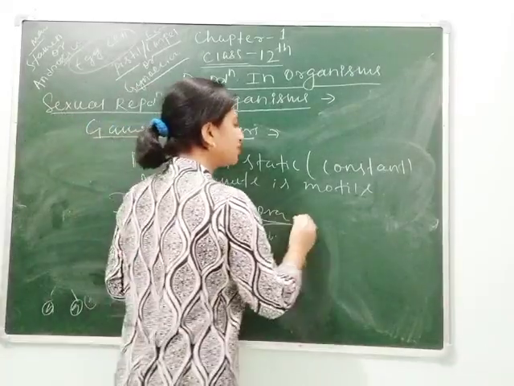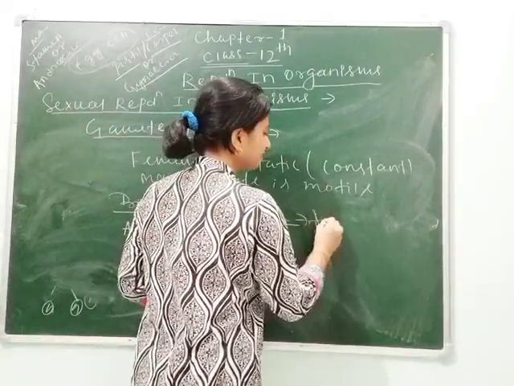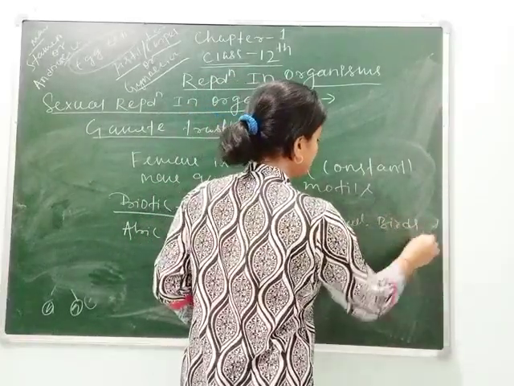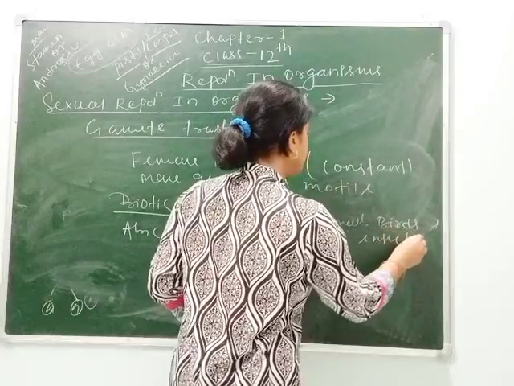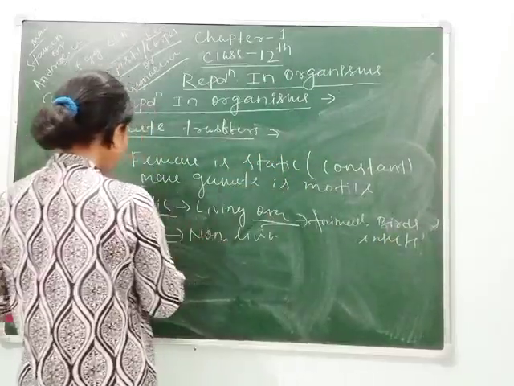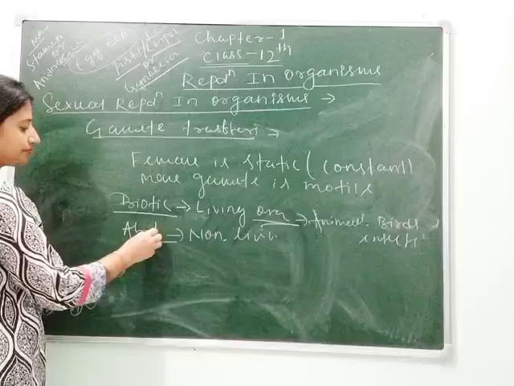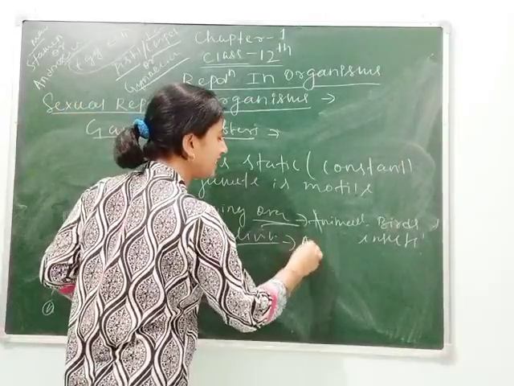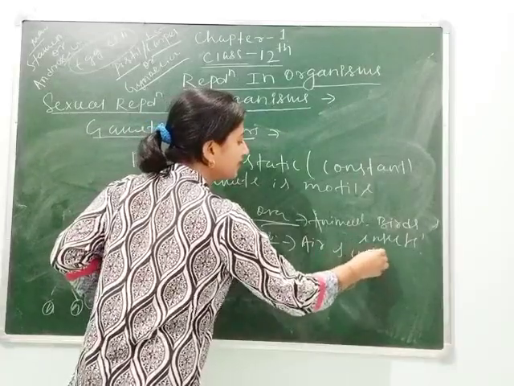In living organisms we can include animals, birds, insects, etc. Whereas abiotic agents means non-living agents, such as air and water.